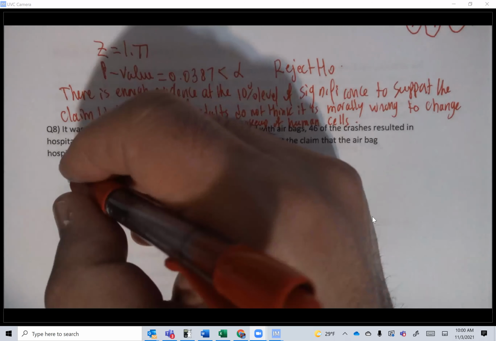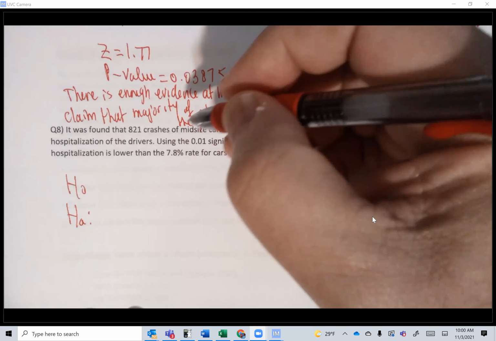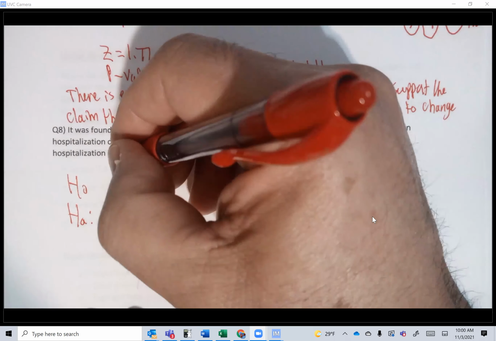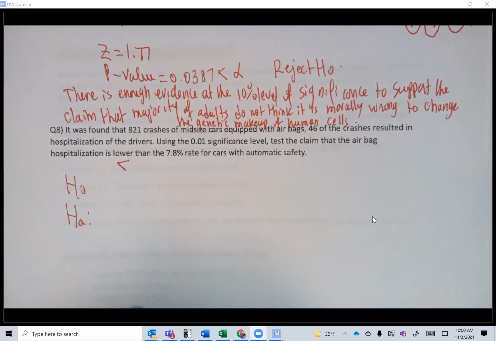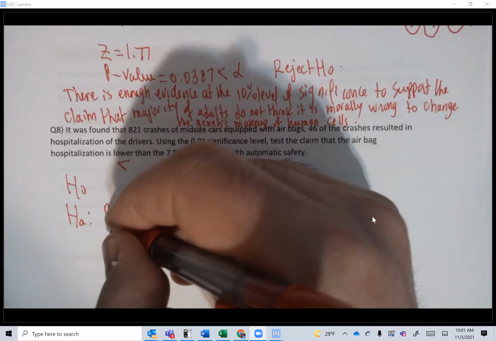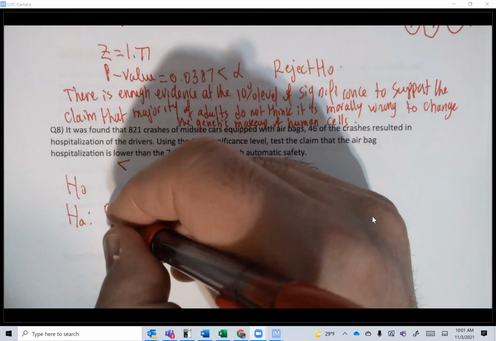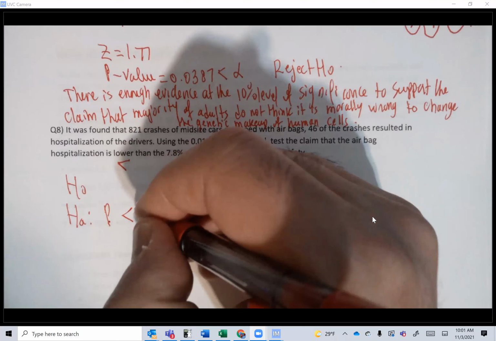So guys, lower, can we agree that lower means less than? Again, all the questions we did today, the claim turned out to be in the alternative. So P, don't put mu, that will be wrong. You have to put P less than 7.8%.